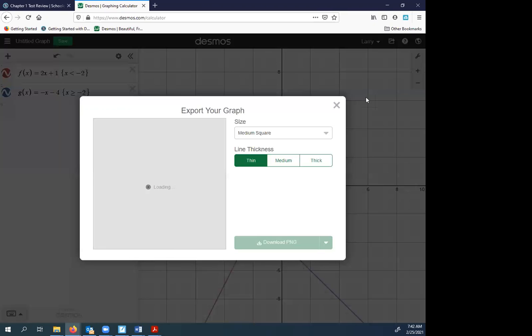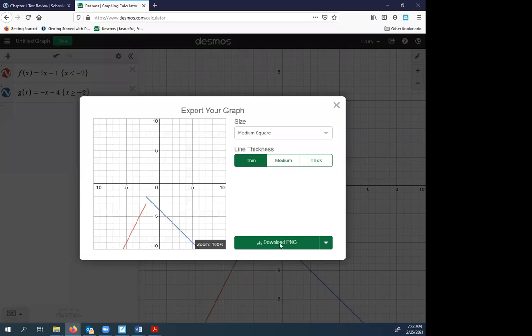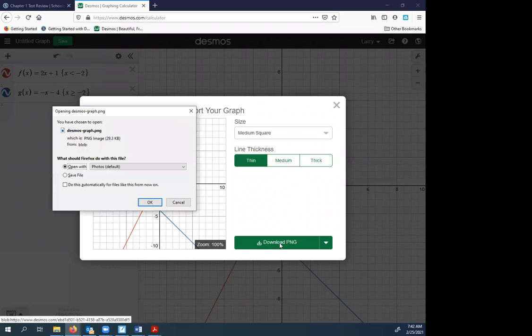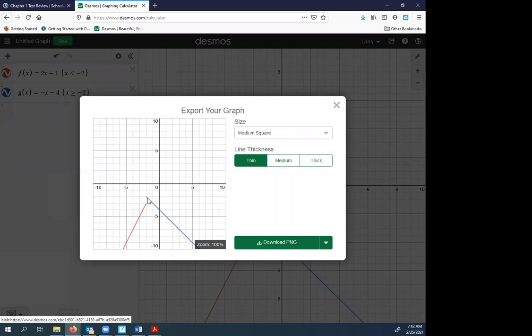Or you could do export image and just download that image. I'm just going to do it the download image way. If you just want to send me the link, you can send me the link.